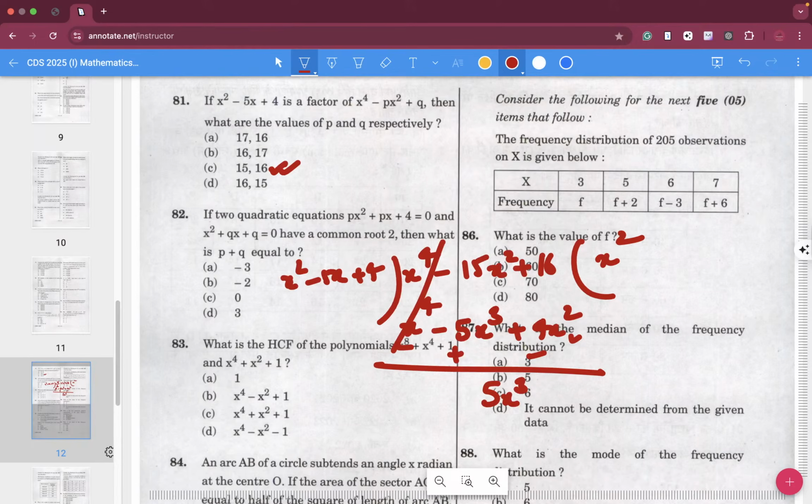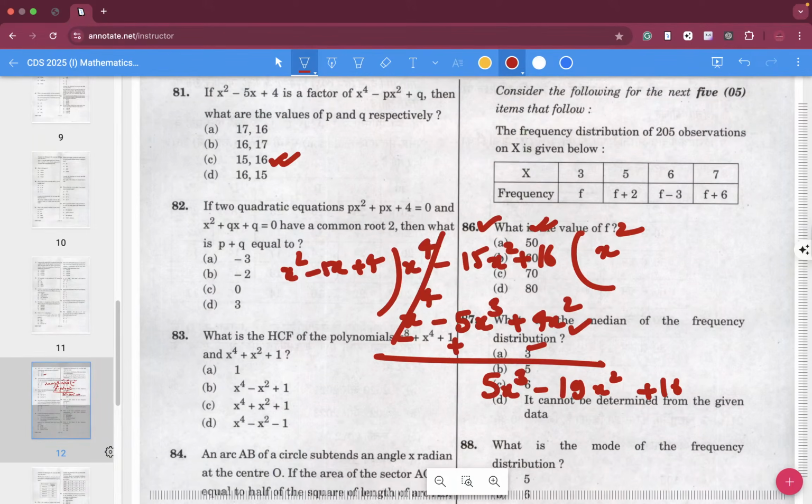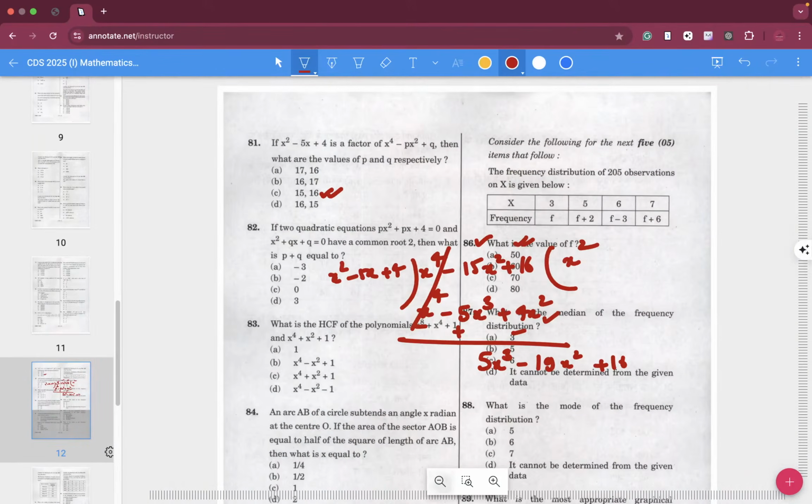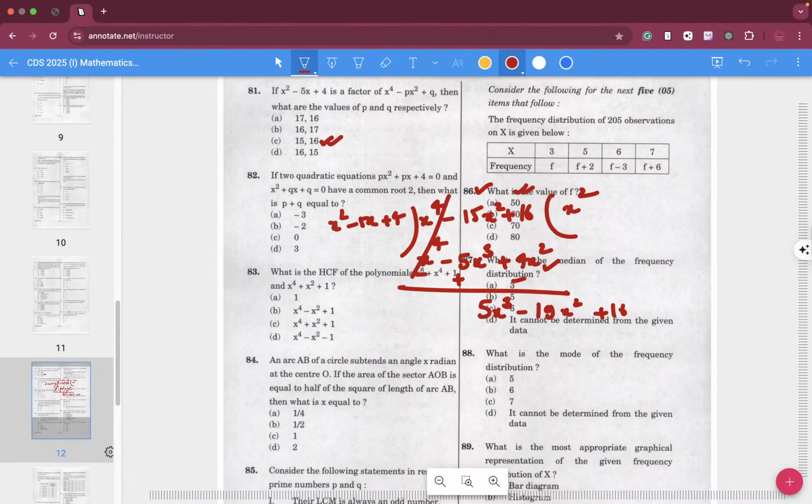What we are left with is minus 4 and minus 15, minus 19x square, and plus 16. Question number 81 is what we are solving. I hope my screen is visible.